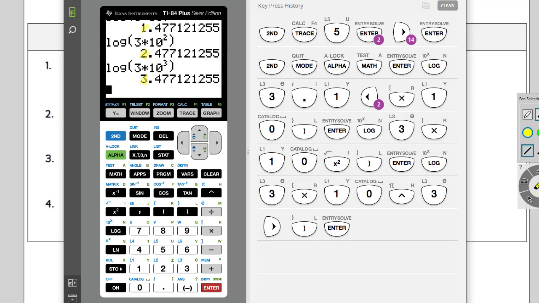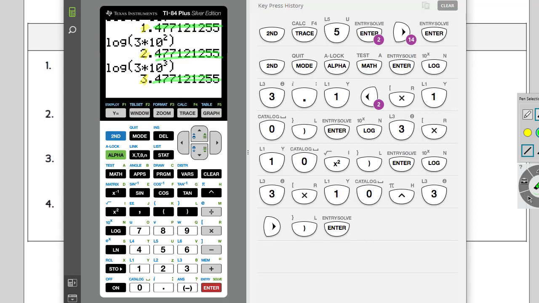So for question 2, it's 1, 2, 3. And if we were to go all the way up to 10, I think we would see that the final value is going to be 10. Then it asks, what is the pattern of their decimal part? We can see that for each decimal part, we've got this 0.477 number.